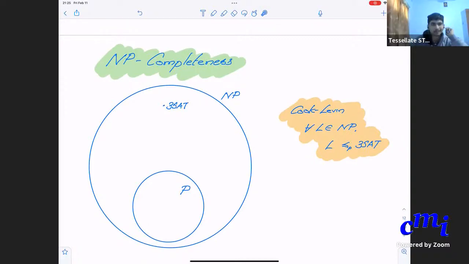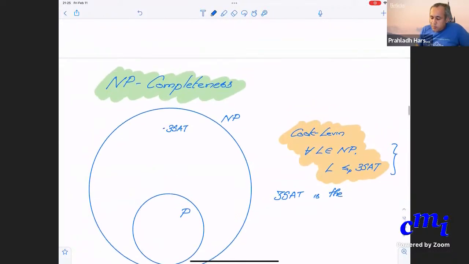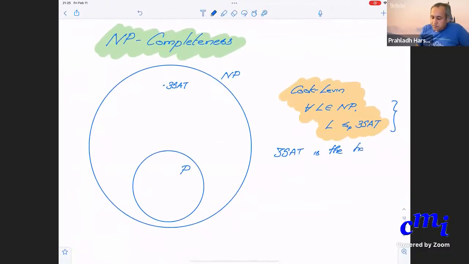Okay, so there's a problem like this, like 3-SAT, which is what the Cook-Levin statement is saying. This is a mathematical statement. What it informally means is the following: 3-SAT is the hardest problem in NP.